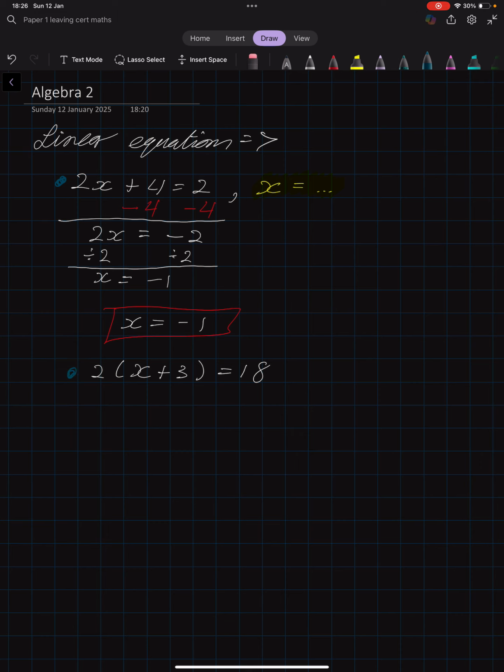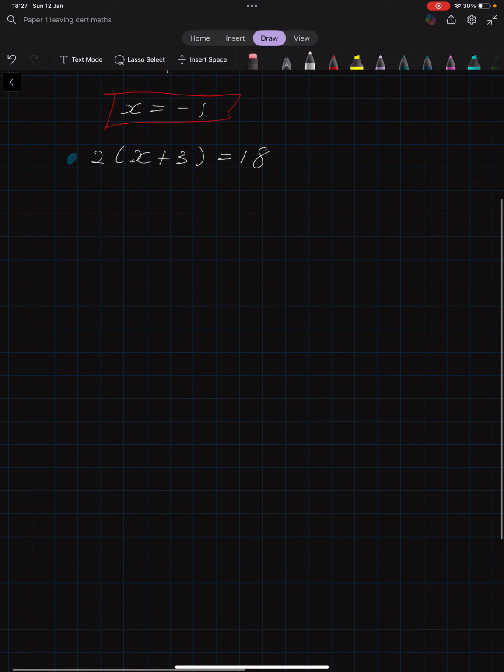So I can just get rid of the brackets. To get rid of the brackets, I can just multiply it in. 2 bracket x plus 3 bracket means 2 multiplied by x plus 3. So 2 multiplied by x is 2x, and 2 multiplied by plus 3 is plus 6.